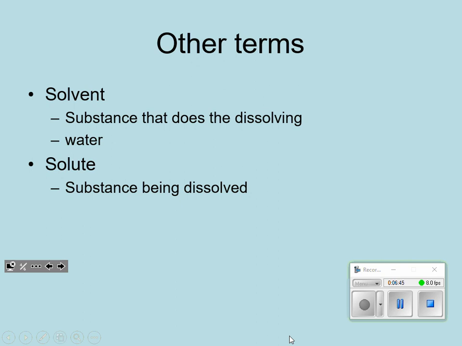You could look in the textbook or online to see specific examples. Salt is a good example of a solute. The ocean is a solution. It's a saltwater solution. Water is dissolving the salt. Solvent, water. Solute, salt. You definitely want to know those 2 terms.